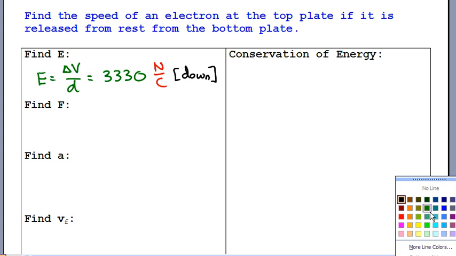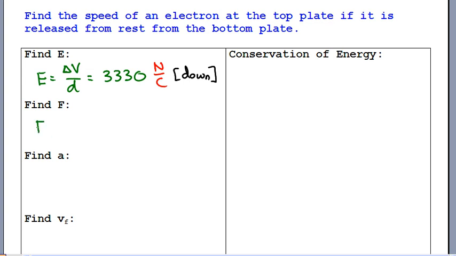Then go and find the force. Go and use that electric field. Go and do QE. So E's help you figure out F's, and V's, voltages, help you figure out EP's, potential energies. So you could use that electric field now. You could just take that number and put it in here, multiply by the Q for your electron, and the number ends up being, for force, 5.3 times 10 to the negative 16.